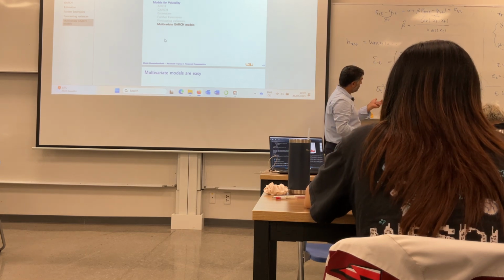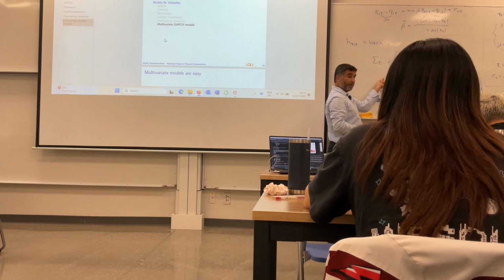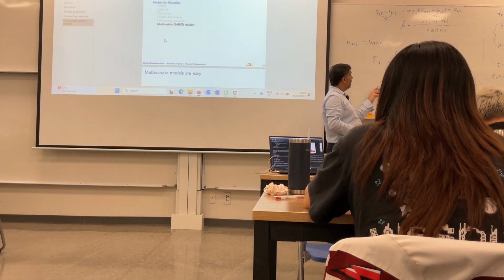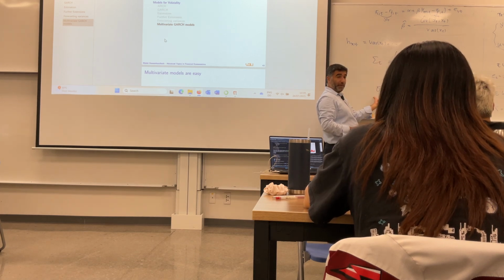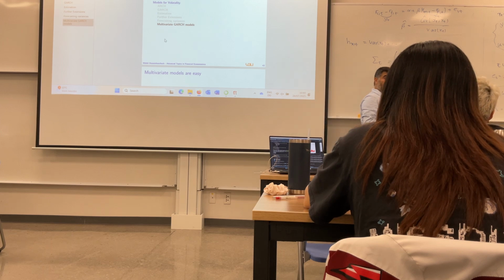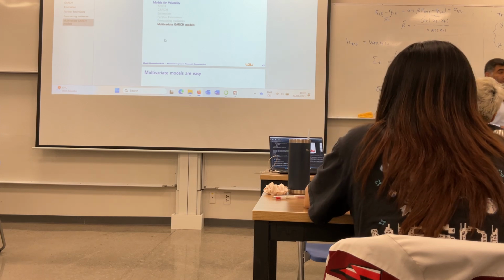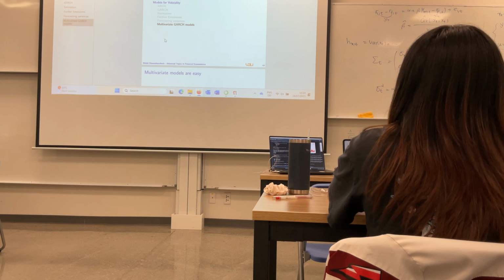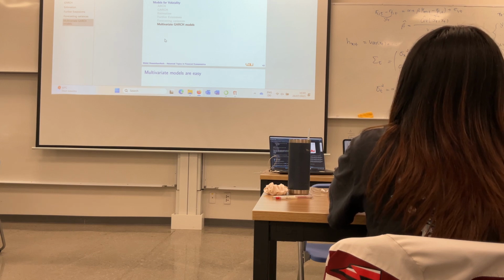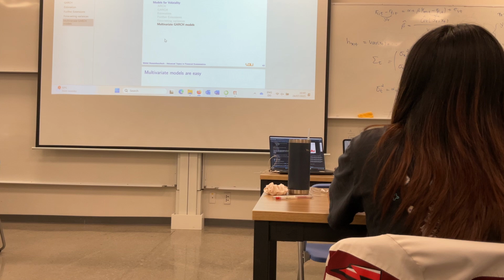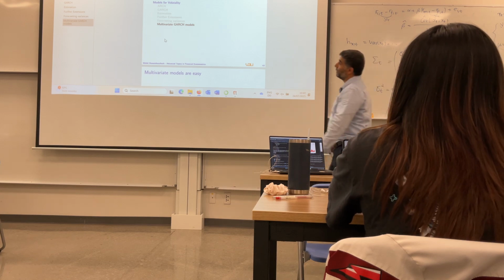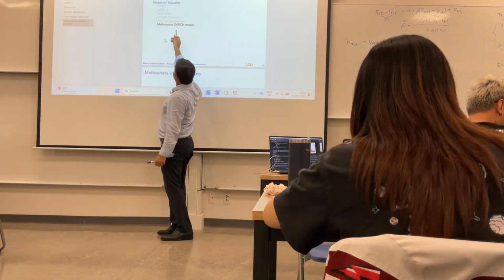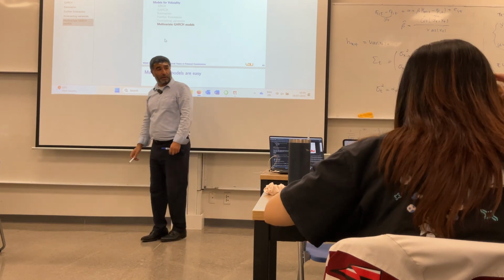So what we can do is take this sigma and replace it by a covariance matrix. And then you start doing the estimation in the matrix form. And that becomes a multivariate GARCH model, or M-GARCH.